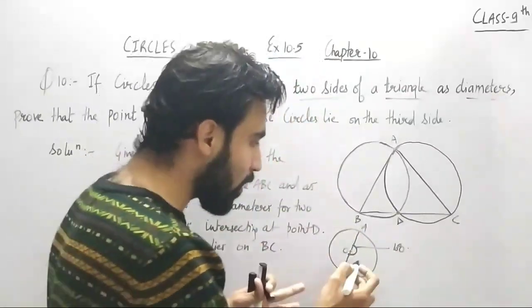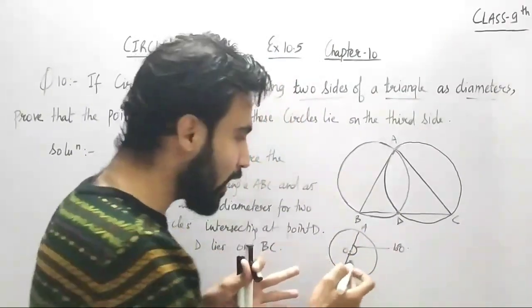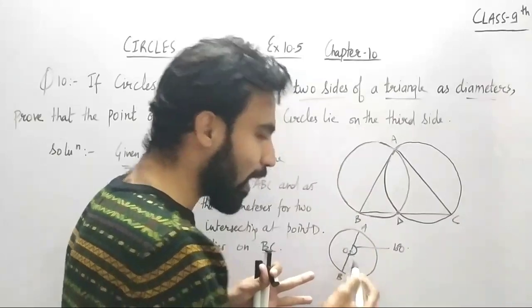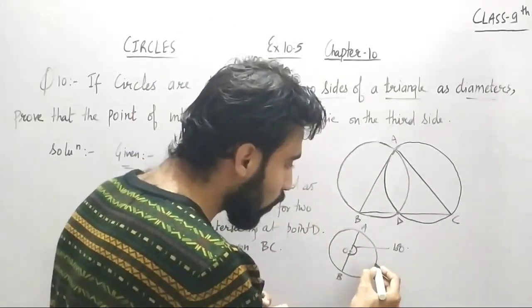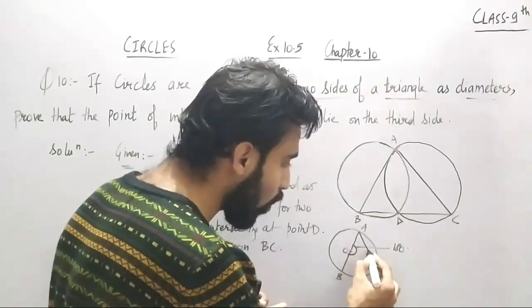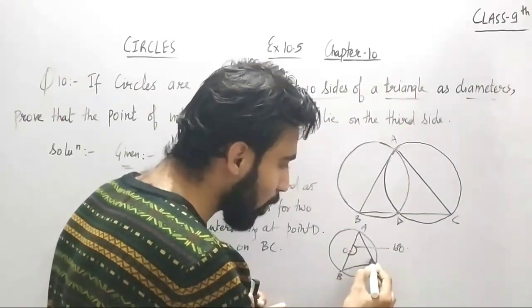So we also know, with the help of a theorem, that the angle a chord makes at the center is double the angle the same chord makes at the remaining part of the circle, right?